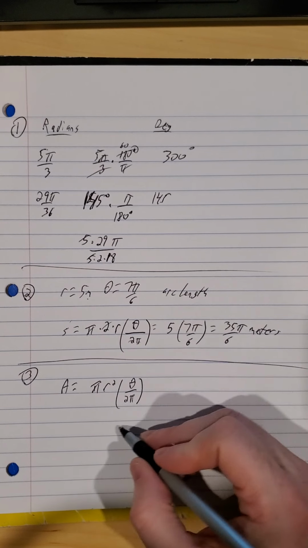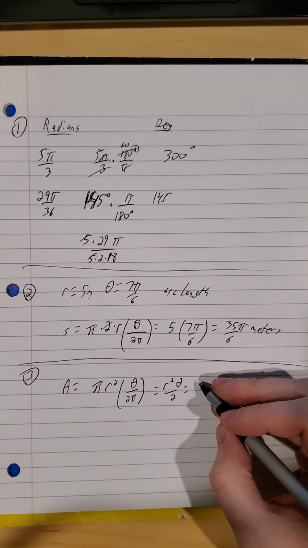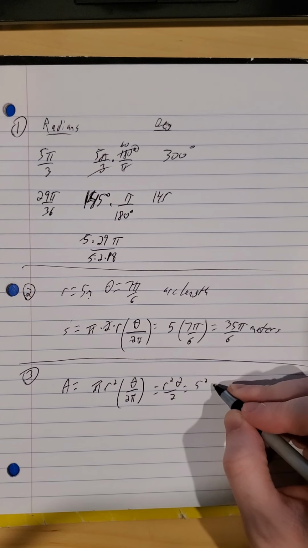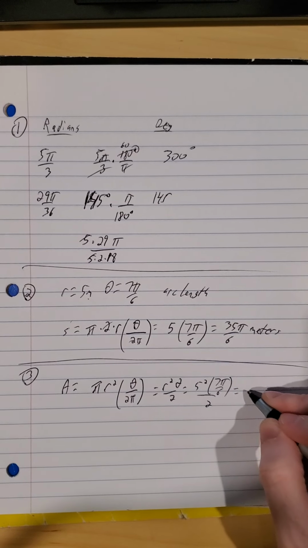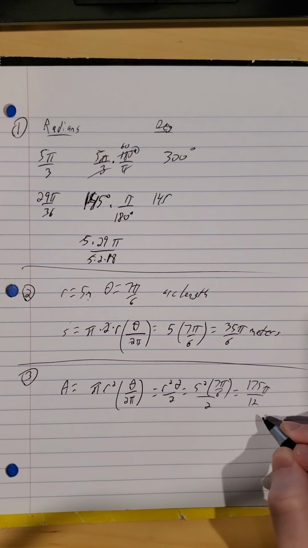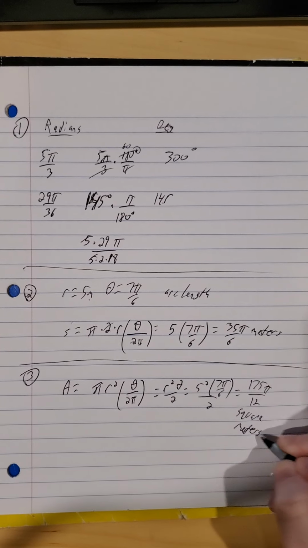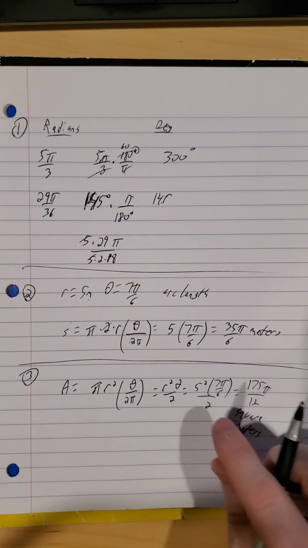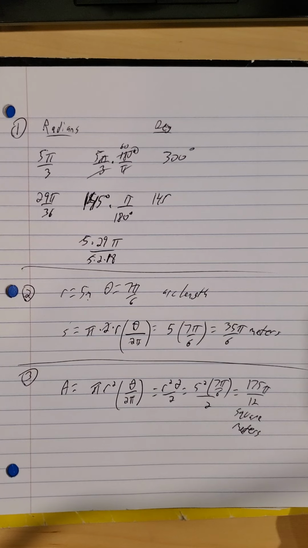So the pi's will drop. So r squared theta over 2. So 5 squared times 7 pi over 6 over 2. So 25 by 7, 175 pi over 12. And this would be in square meters, since we're talking area. So 5 meters by 5 meters is what's giving us the square meters there.